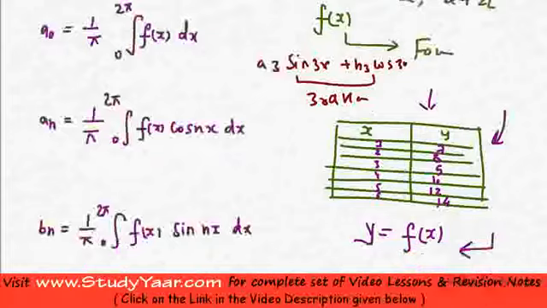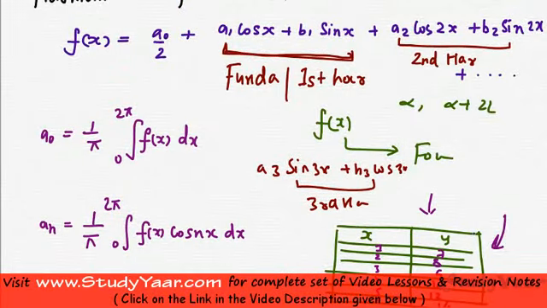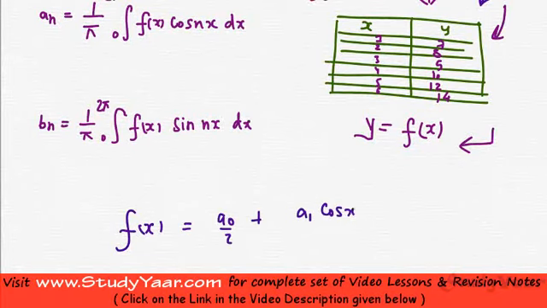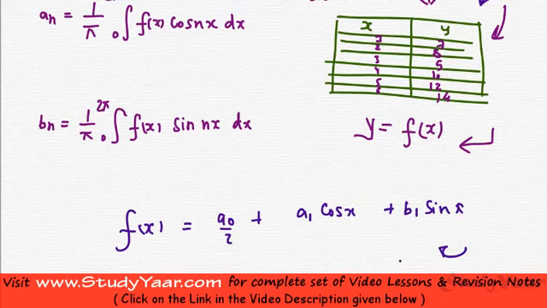If you can find out the harmonics based on these values, then essentially you get your f(x) to a certain level of accuracy. If I go up till infinity, I would have pretty accurate data, but f(x) could also be equal to a0 by 2 plus a1 cos x plus b1 sin x. This gives you a certain level of accuracy in getting f(x) if you could get a0, a1 and b1.